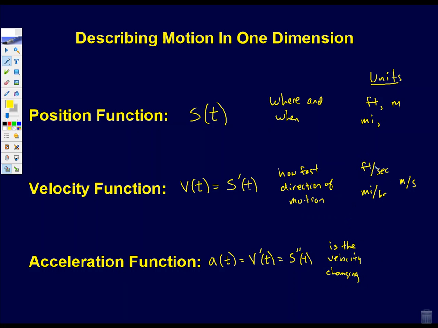So if it's feet per second for the velocity, then the acceleration might be measured in feet per second per second, or miles per hour per hour. Now this can be condensed down to things like feet per second squared or miles per hour squared.